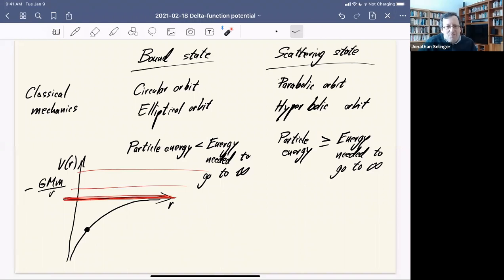If we want to have the possibility of a bound state, the potential energy can't be flat. It has to go down somewhere in order to have something be bound. Otherwise, it can't possibly be bound. So the potential energy must go down somewhere, like this feature.